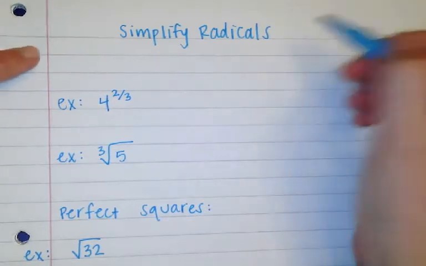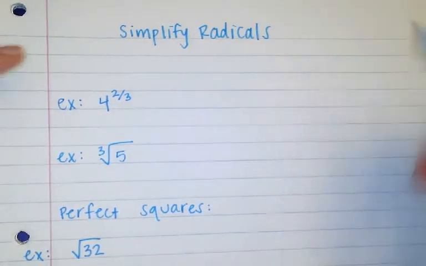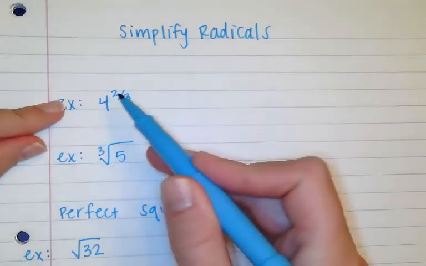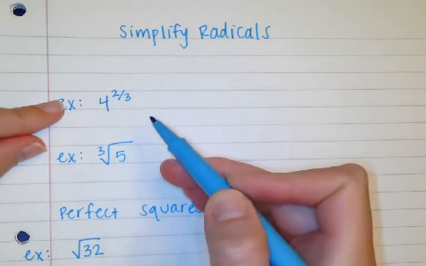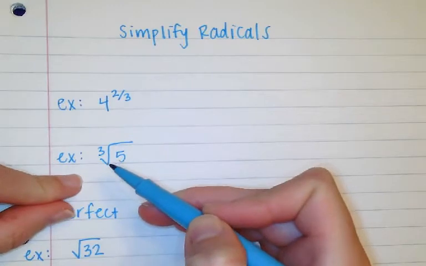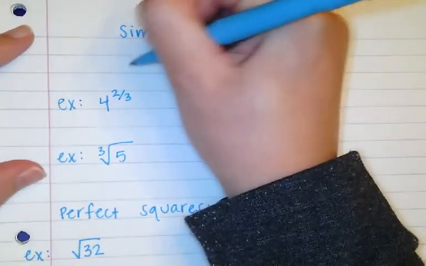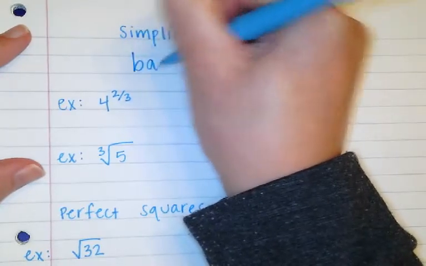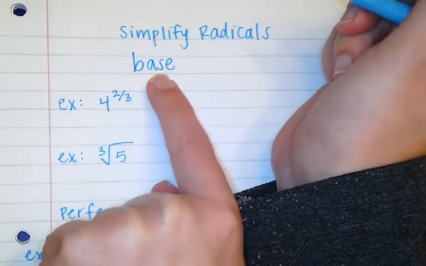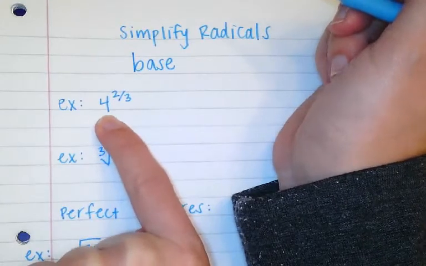So simplifying radicals, the whole first day was just about learning that an exponent that's a fraction is actually the same as having a power and a root on a number. So the way that I like to write it, whatever the base is, so here the base would be 4.